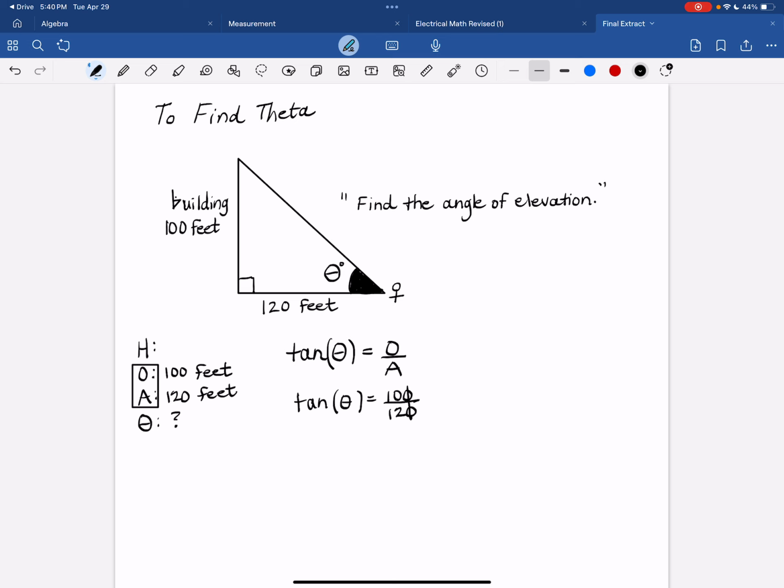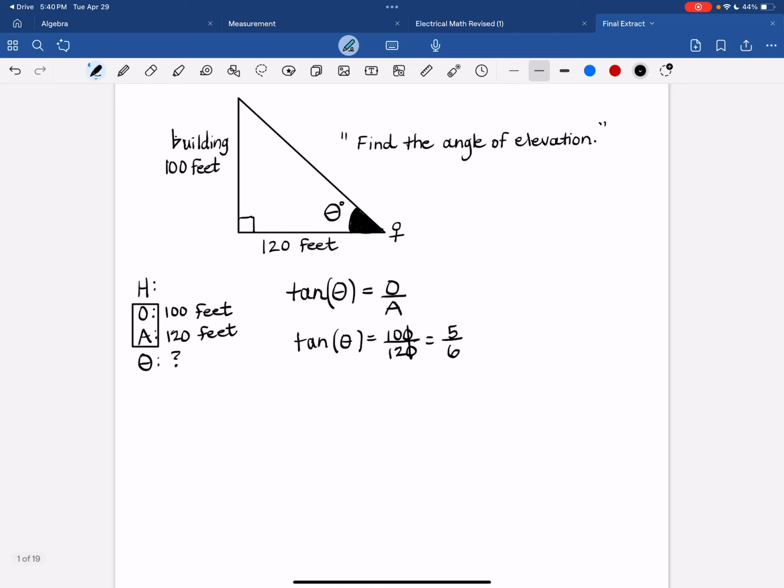And we can simplify that down to 5 over 6. So the tangent of theta is 5 over 6. I would not do a decimal on this one because it's a repeater and I don't really want to have to round any more than necessary.